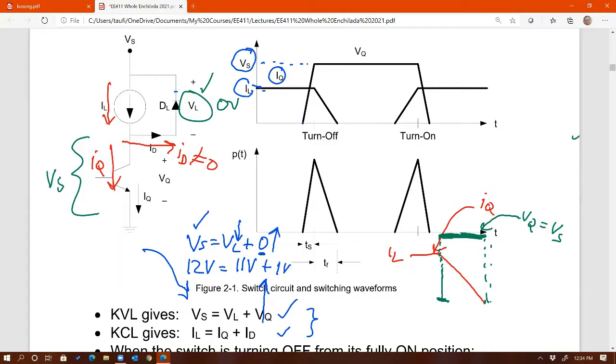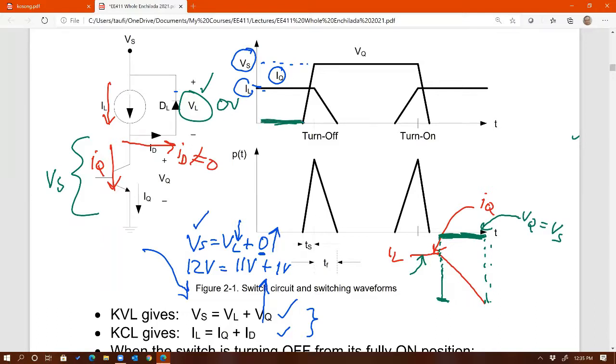Right. So then what happens before the turn off transition? Before the turn off transition, what is the voltage across the switch? Right here, for example. Is it 0? It's 0, right? Because the switch is conducting, just like that one right there.